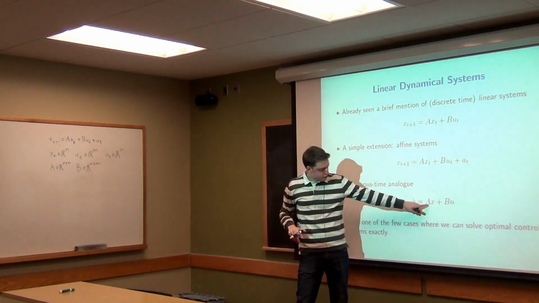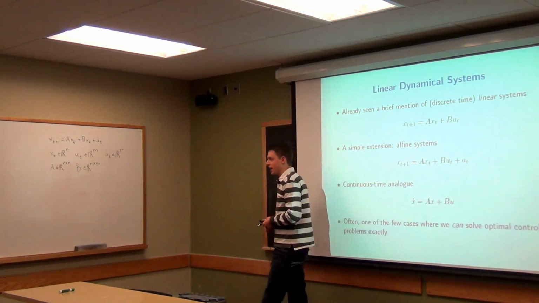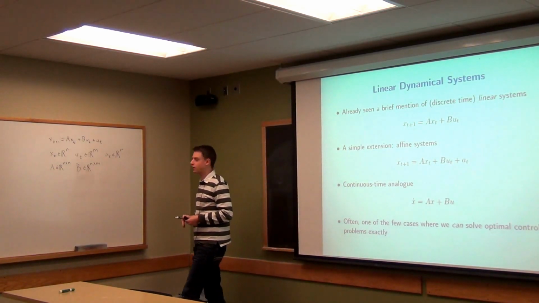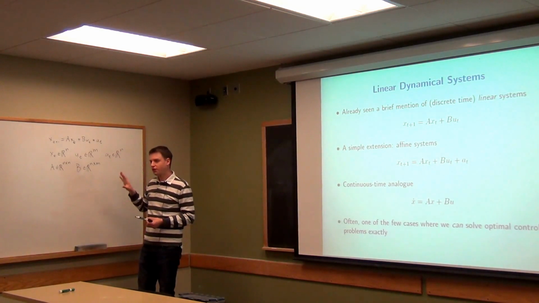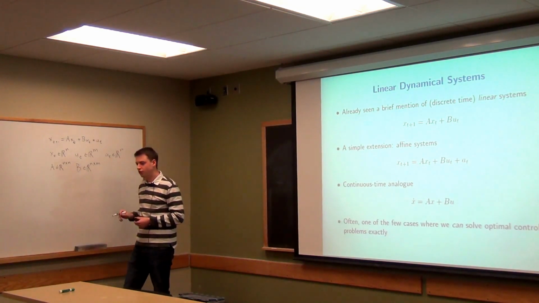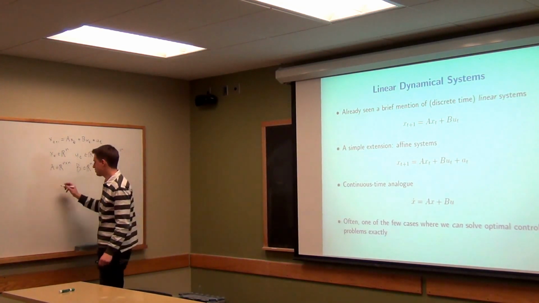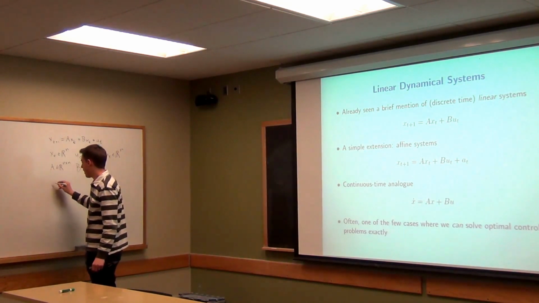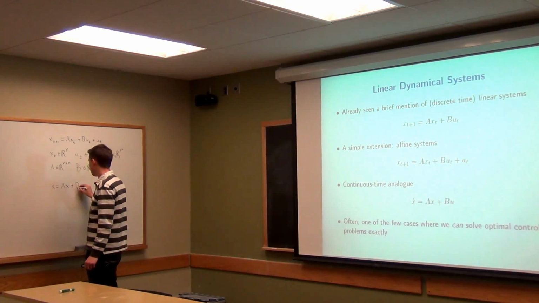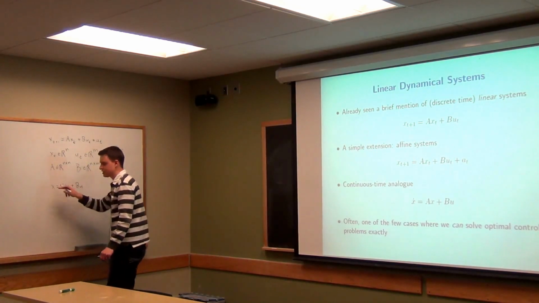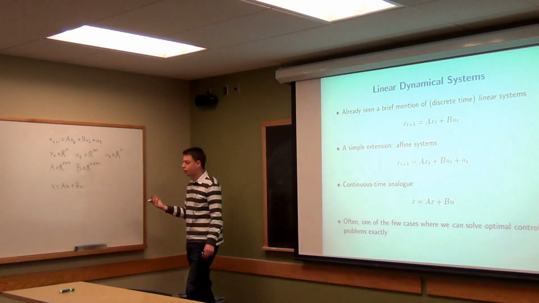One thing to note is that there is a continuous time analog to these linear systems. We're going to focus mainly on the discrete case, but it's good to know that you will also see the formula written as x dot equals Ax plus Bu, where x dot is the time derivative, as we talked about before.